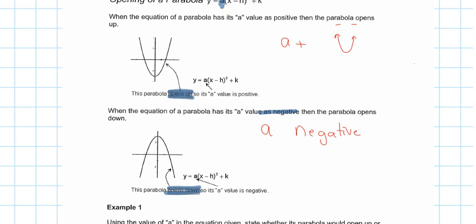Look at the board for a second. Negative starts with the letter N. N has the shape of a parabola. Which way does N open? Down. So when a is negative, the parabola is going to open down like the letter N. This is a way to remember it. When a is negative, the parabola is going to open down.